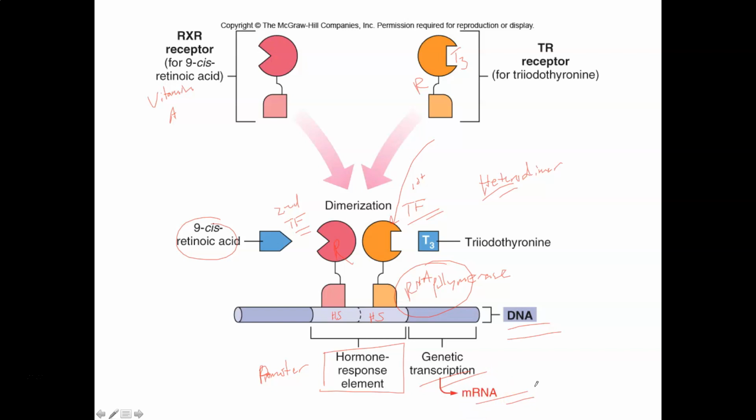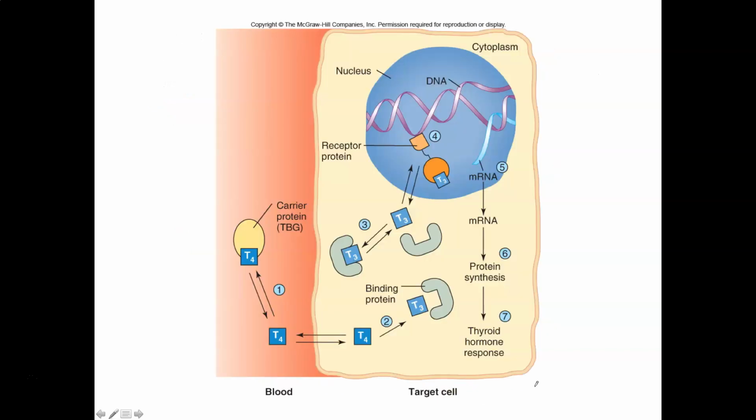You form a heterodimer on the hormone response element, and that's going to allow you to produce messenger RNA. And then messenger RNA is just like in steroid hormones. It's going to leave the nucleus, go interact with ribosomes, go through the translation process, and produce the proteins that are going to give your thyroid hormone response.